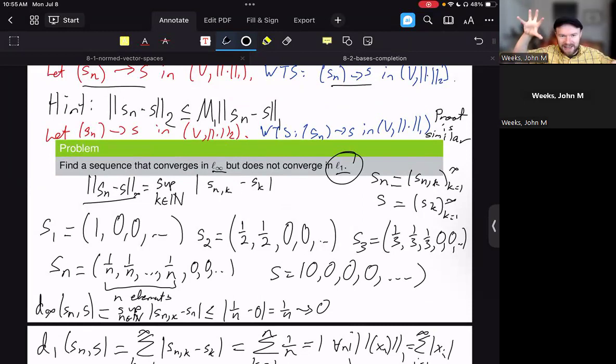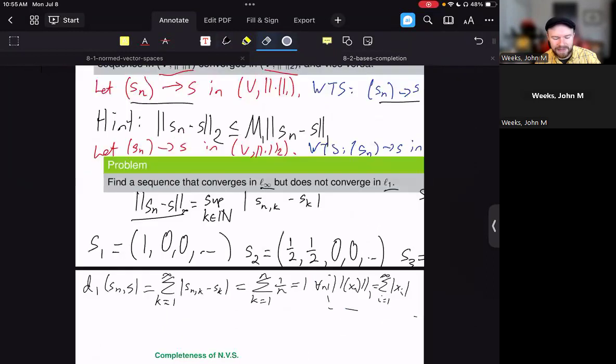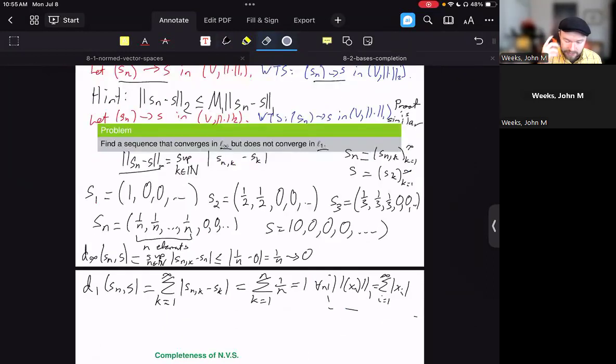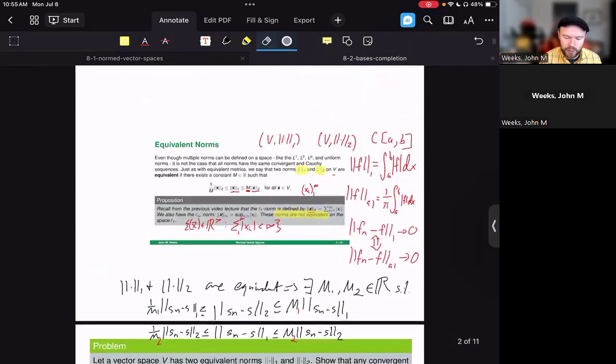It's kind of like having a sequence of functions converging to f in big L1 or inside of an integral. So these two notions of convergence end up not being equivalent to each other. They don't work exactly the same way. They don't have the same convergent sequences. And so because of that, we can say that these two are not equivalent norms.